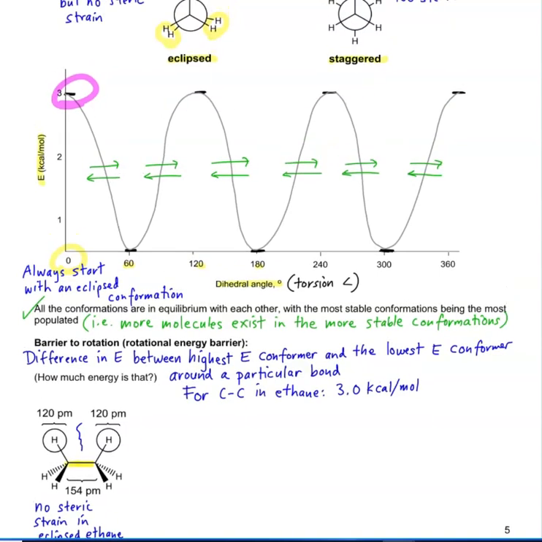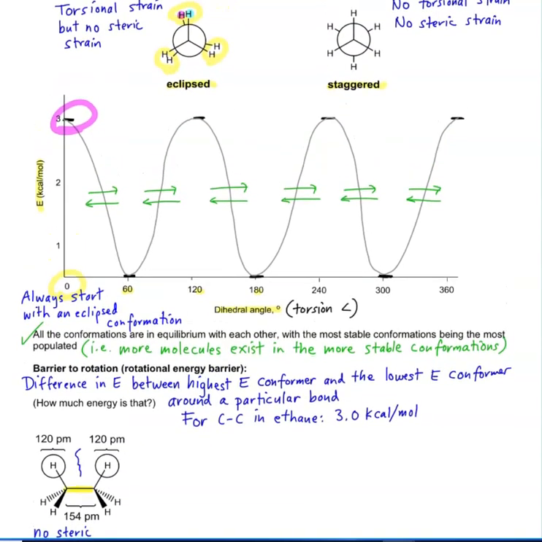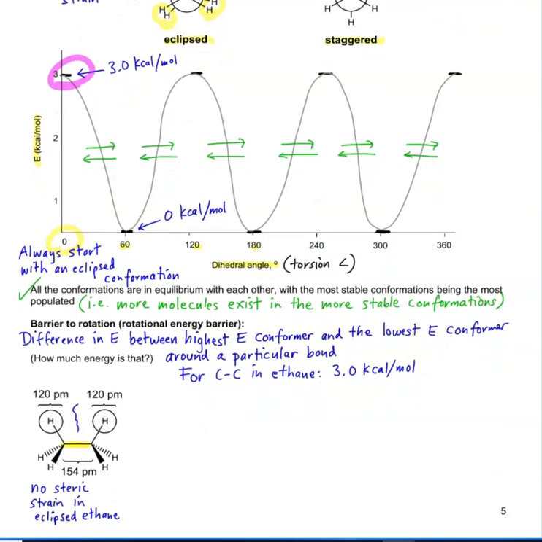We're getting that from the fact that the eclipse conformation, any of the eclipsed conformations, have energies of 3 kilocalories per mole, so strain energy of 3 kilocalories per mole, whereas all the staggered conformations have no strain energy. So their strain energy is 0. So the difference between the two is 3 kilocalories per mole.